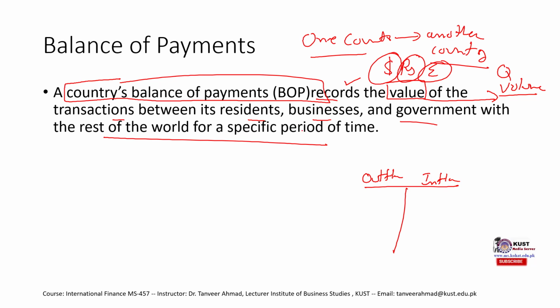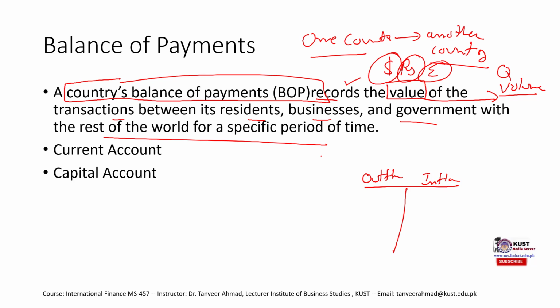So whatever a country's nationals, its business or its government buy or sell from the rest of the world, its value would be recorded in this balance of payment. So it's just an accounting book to record the value of transactions between countries.